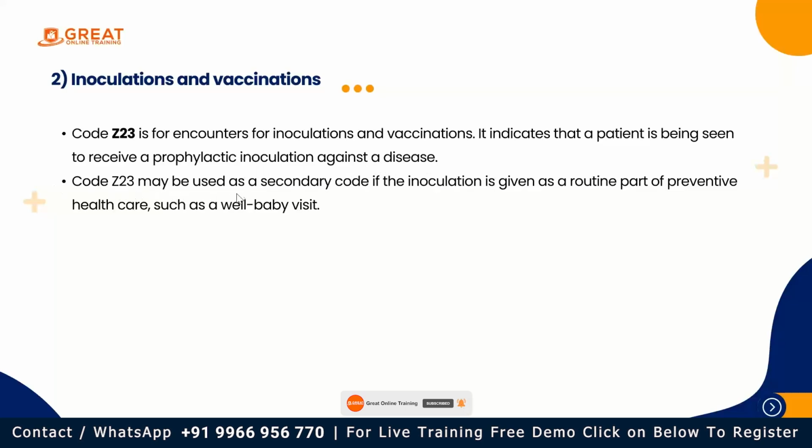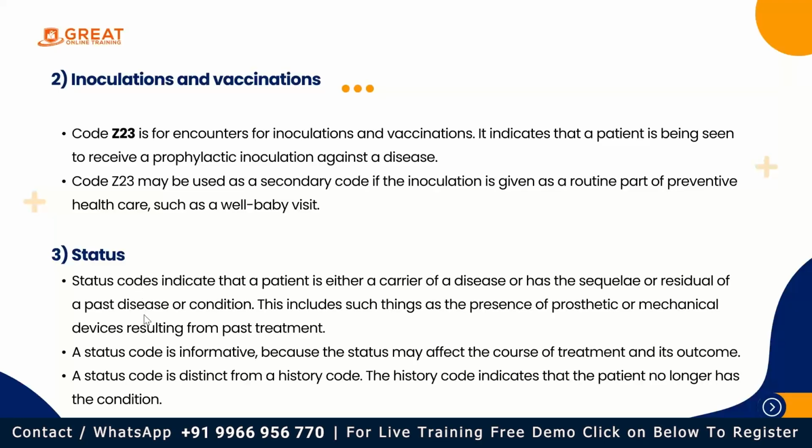Code Z23 may be used as a secondary code if the inoculation is given as a routine part of preventive healthcare, such as a well baby visit. So Z23 we use for vaccination. If you get any question regarding vaccination or immunization, you have to go through the Z23 series. Then the next point is status codes.